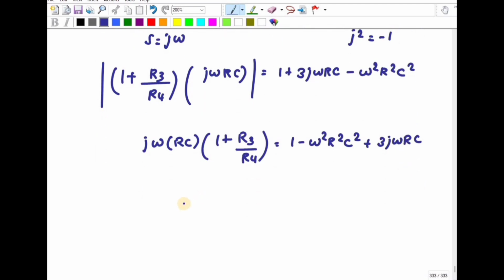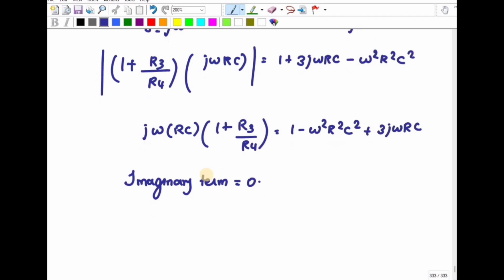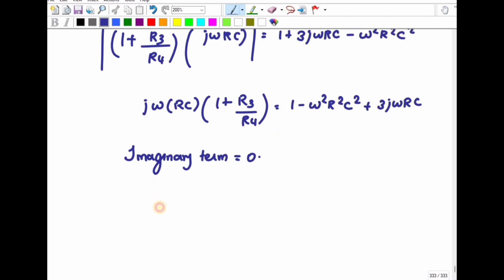So if you equate this imaginary term to 0, I will get RC into 1 plus R3 divided by R4 is equal to 3 omega RC.